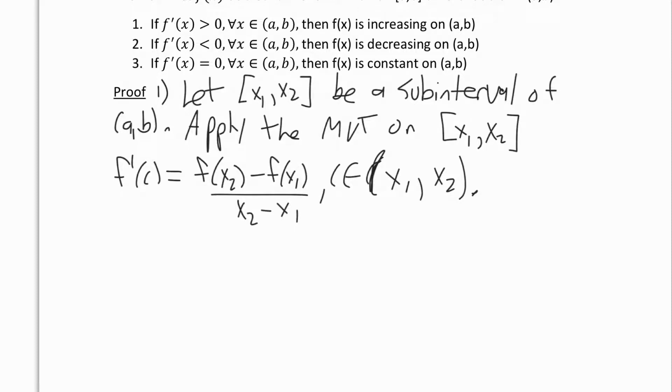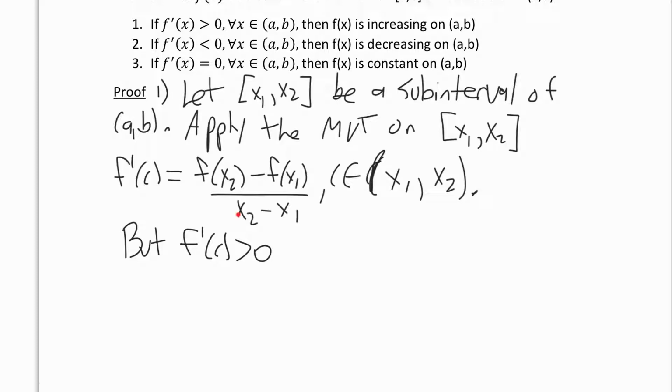Now here's the thing we know. Because we're doing part 1, we're going to assume that the derivative is always positive. Well, if the derivative is always positive, then the derivative at c is also positive. So we could say, but f prime of c is positive.